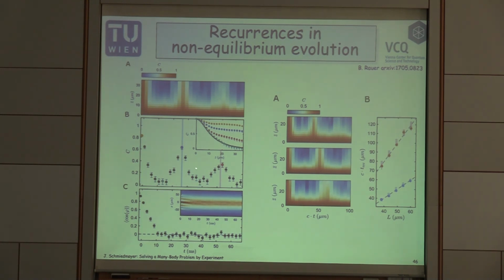But it's also interesting to see that the long-range order comes back, but the coherence factor does not come back, so it depends on which observable you use, if you want to see quantum recurrences in a system.